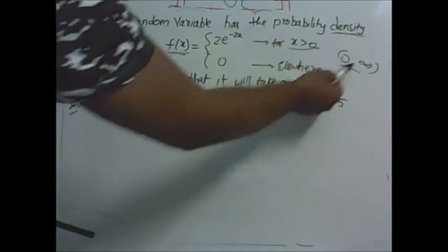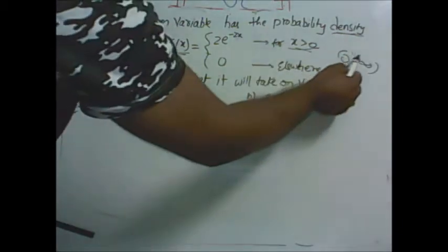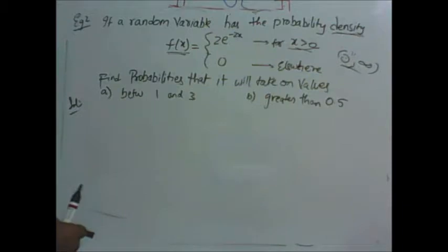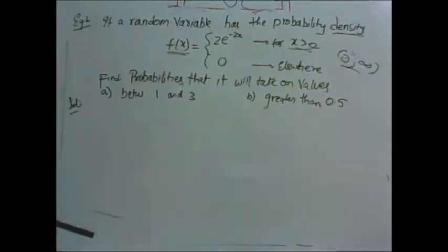When an interval is given like this and it is a function of x, it is defined for every value between 0 and infinity. It means that it is a continuous function, so it is an example of a continuous random variable.